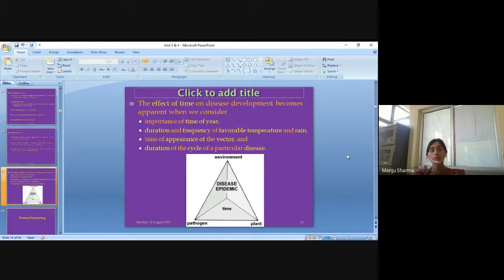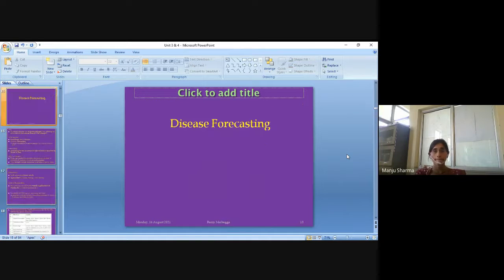So here there are four things: environment, pathogen, plant, and time, and together they are commonly called the disease epidemic. Next is disease forecasting.